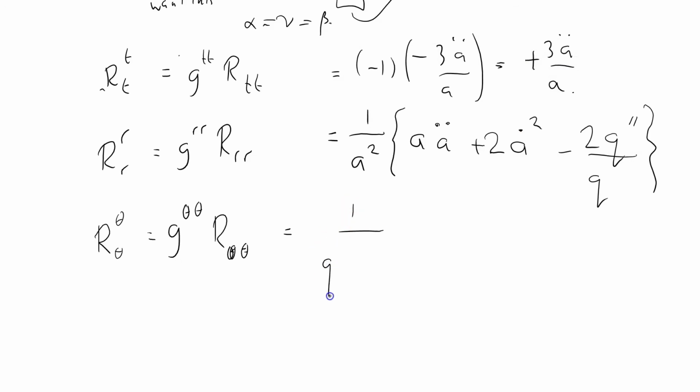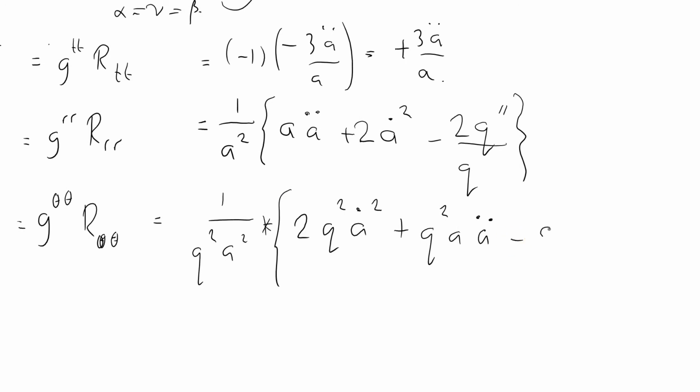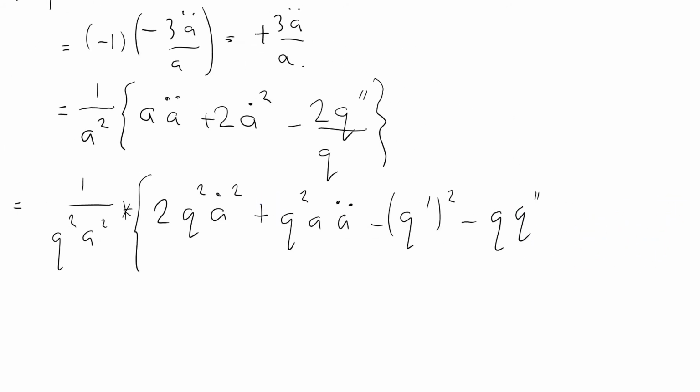So it's 1 over q squared a squared times, that's the theta coordinate, and I'm copying from here, 2q squared a dot squared, what a nightmare, plus q squared a dot dot minus q dash squared, oh dear, minus q dash dash. Better watch out that my q's don't start looking like a's. I'll write that a bit more neatly. Q dash dash plus 1.